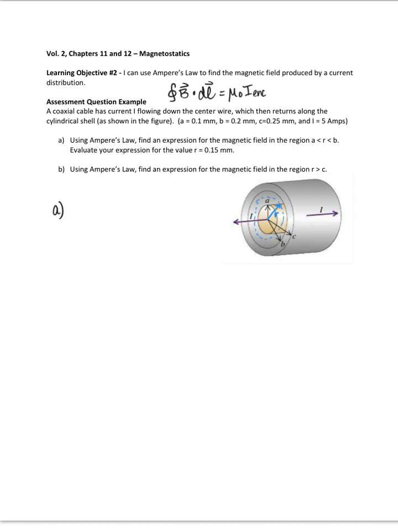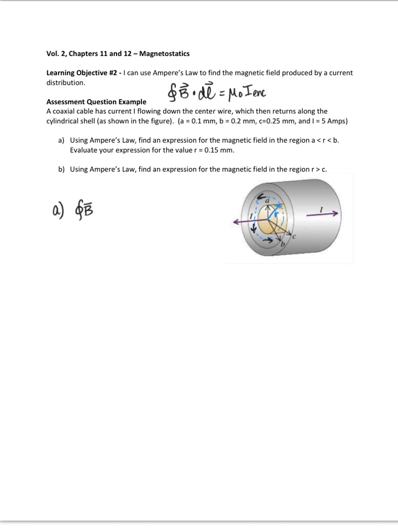We'd expect the magnetic field would be tangent to that path around that circle. And so we are going to always be moving around a path where the magnetic field is constant in magnitude and also parallel to the increment dl.